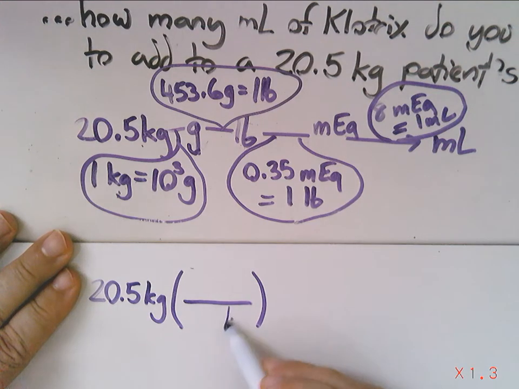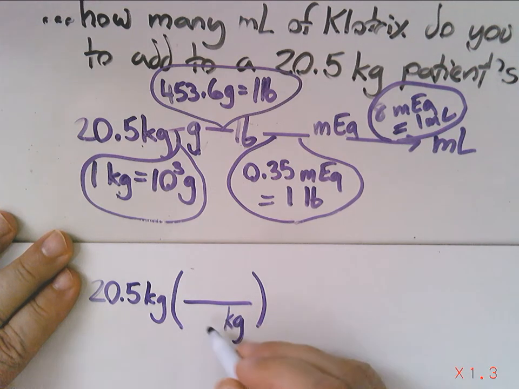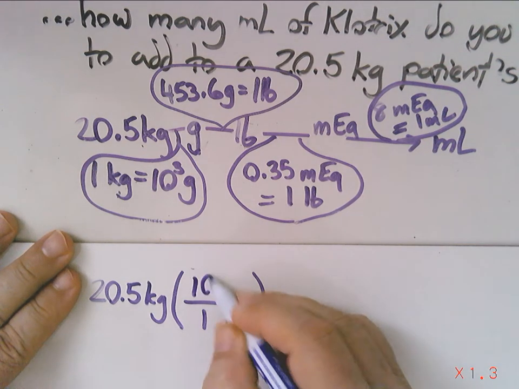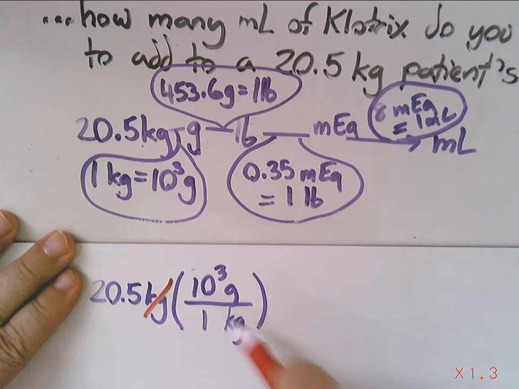If you said kilograms, you're right, because I want to get rid of kilograms. And if it's on the top here and the bottom here, it's going to cancel. Okay, so there. That will cancel out the kilograms. And now I'm in grams.